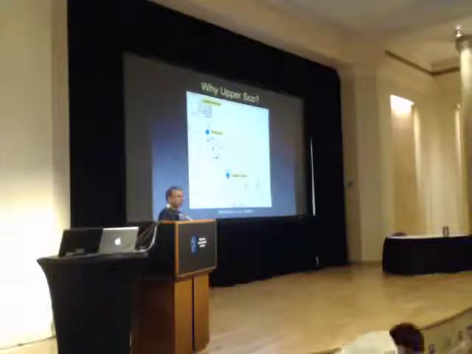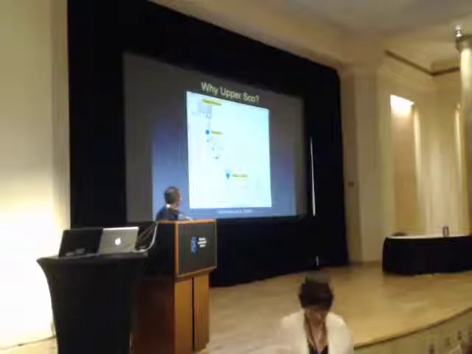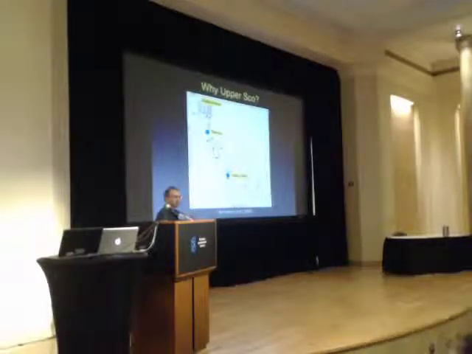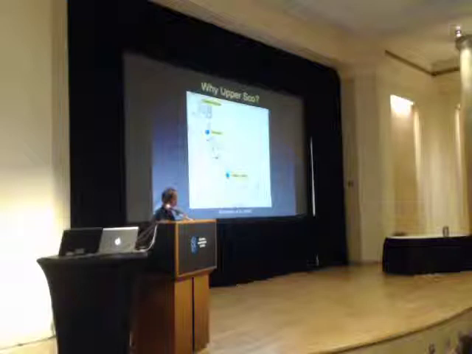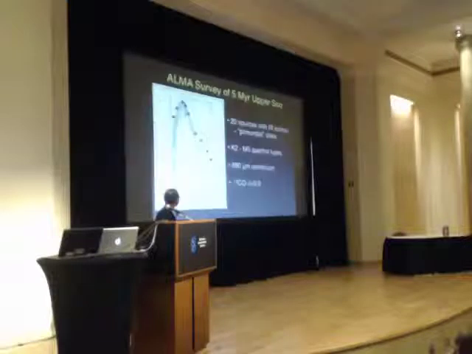There are some claims that it might be as old as 11 million years, but for the purpose of this discussion, I think everybody does agree that Upper Sco is older than Taurus and Ophiuchus. So that's the main motivation for observing Upper Sco. In addition, it's at a distance of 145 parsecs, roughly the same distance as Ophiuchus and Taurus, so you get very good sensitivity and very good spatial resolution for the observations.